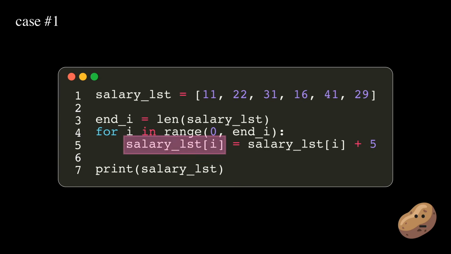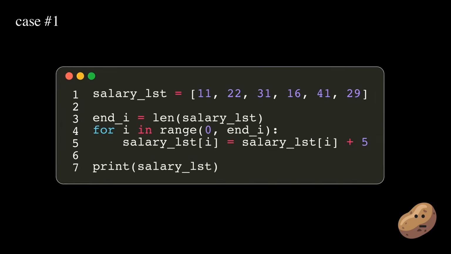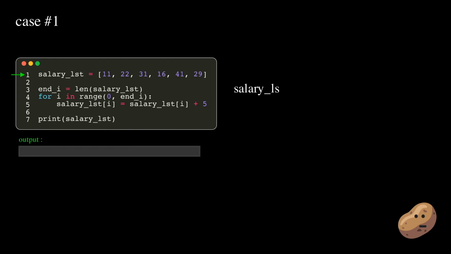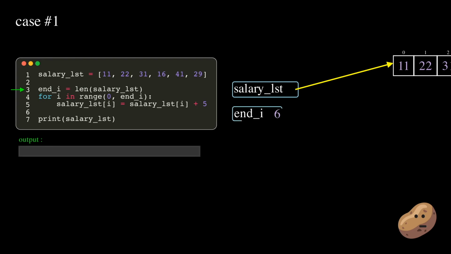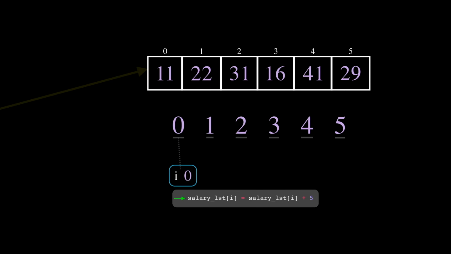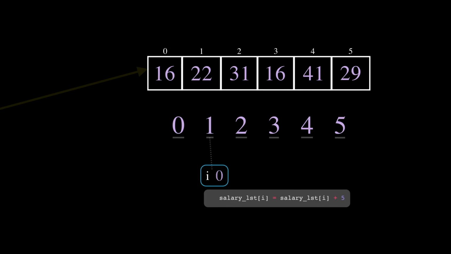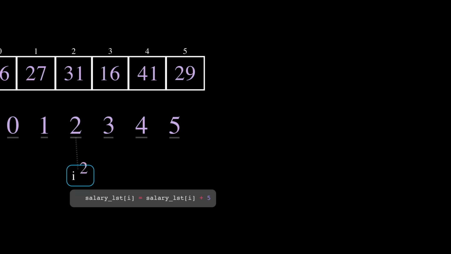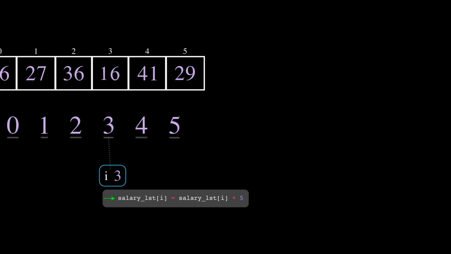So, to fix that, we must use the indirect method, looping through the indices of the list. As the for loop begins, the loop variable i iteratively binds to all the indices of salary_list, and we increase the element sitting at index i by 5.